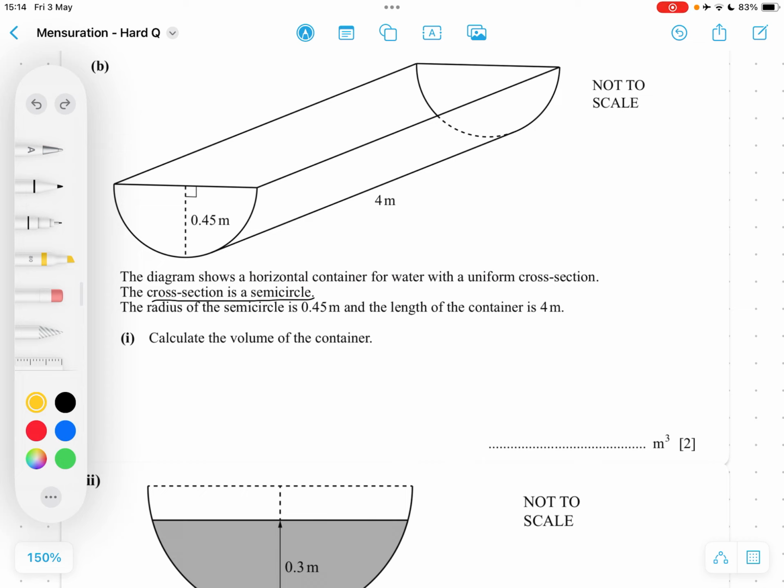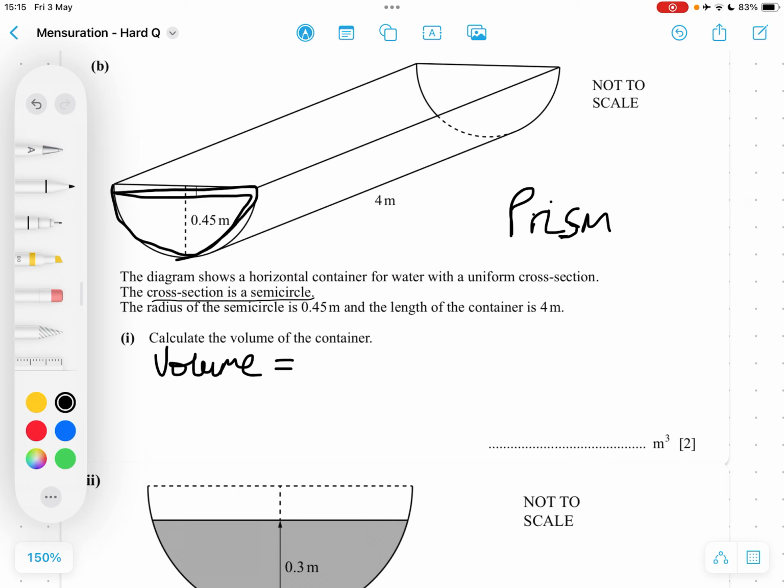So the volume of the container, this is a formula you need to know. The volume of a 3D prism. A prism is when the cross section of the entire shape remains constant throughout. So if you have a semicircle here, you'd have the same semicircle here and also here.